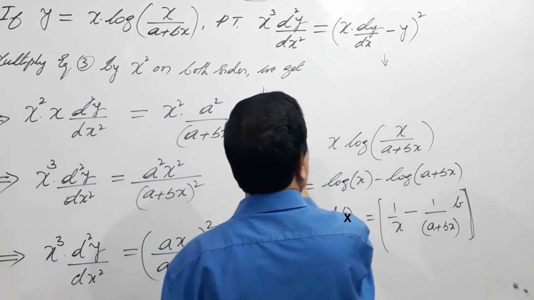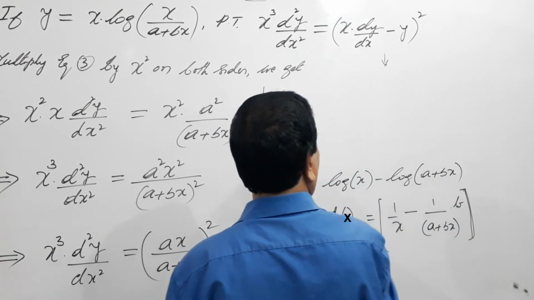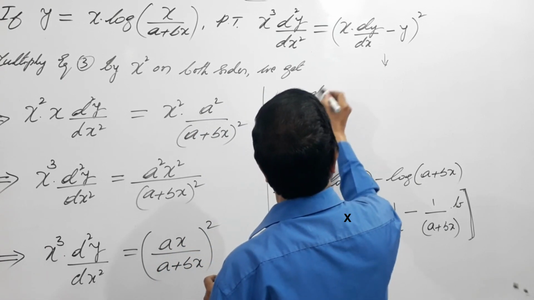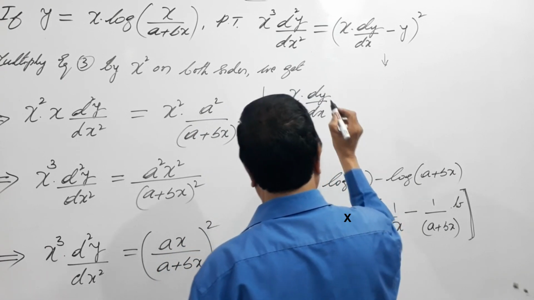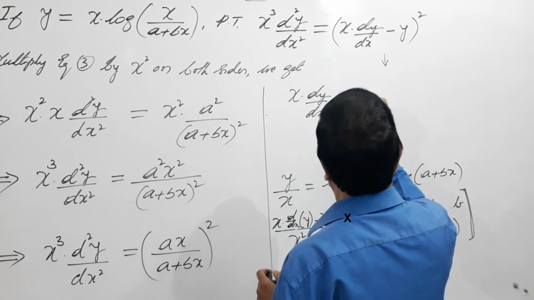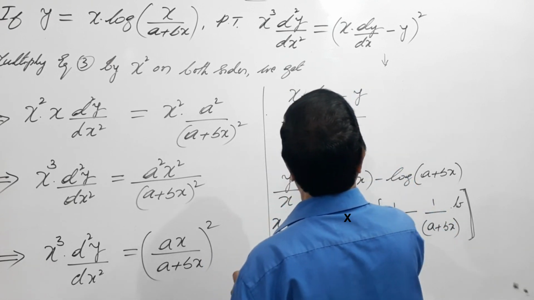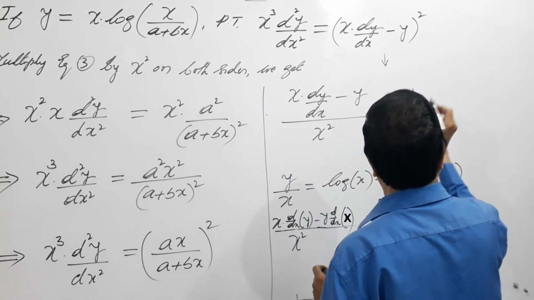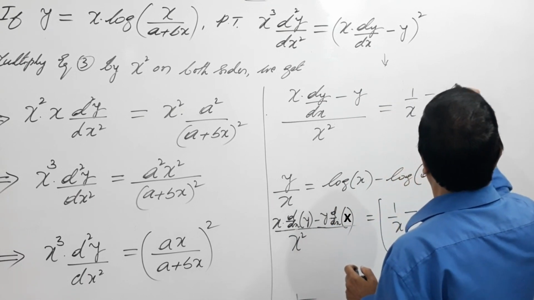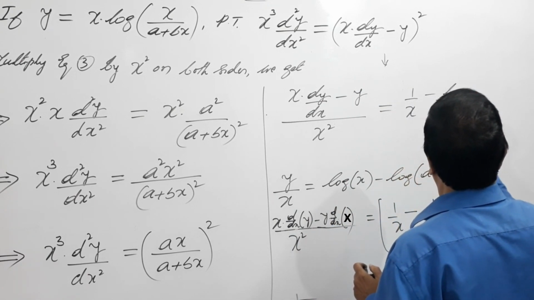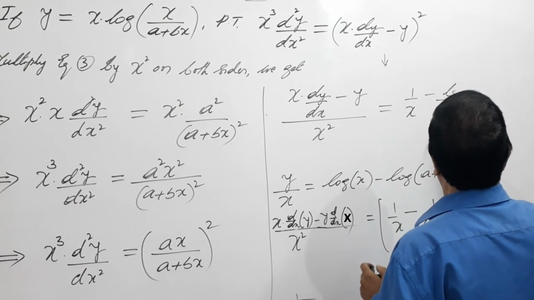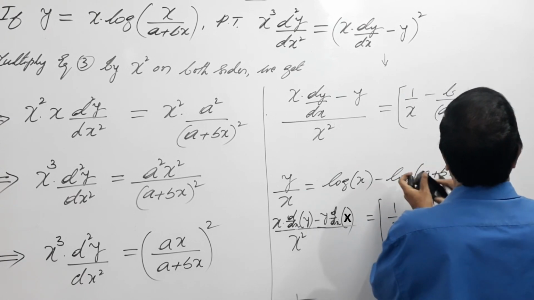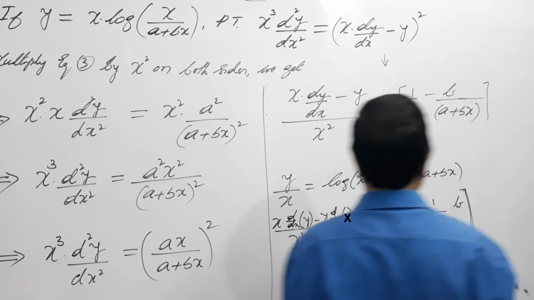So this is x into dy by dx minus y by x square equals 1 by x minus b by a plus bx, isn't it?